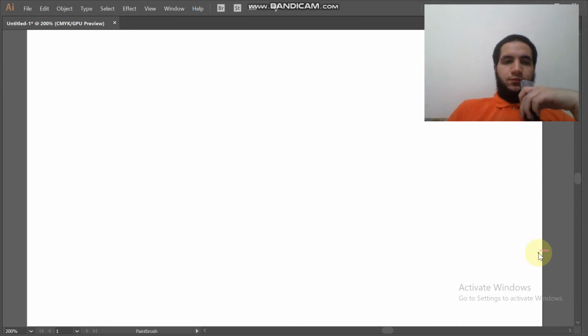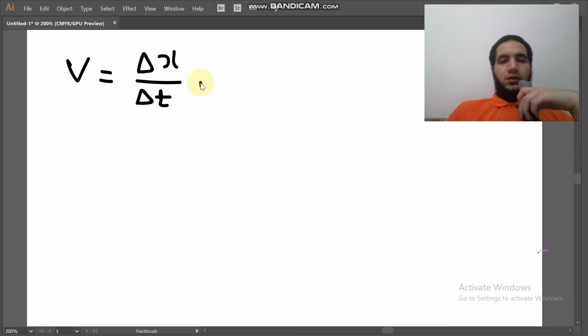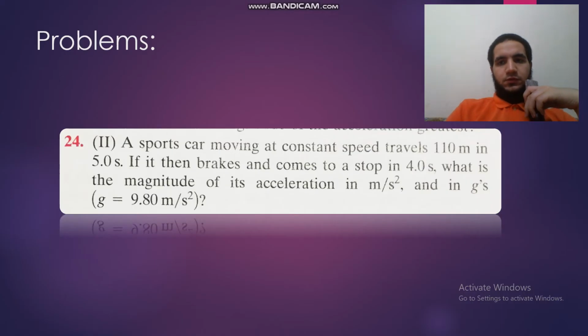So v equals delta x over delta t, and let's write the givens: delta t equals 5 and delta x equals, I forgot, 110.